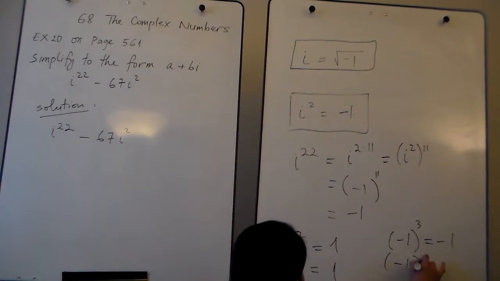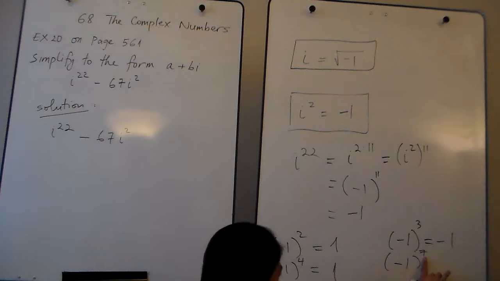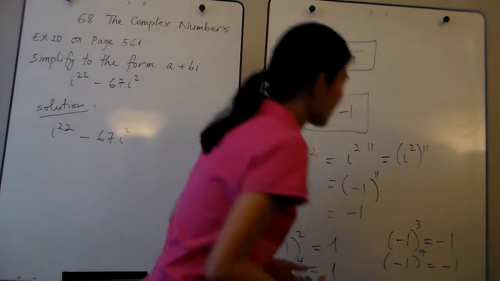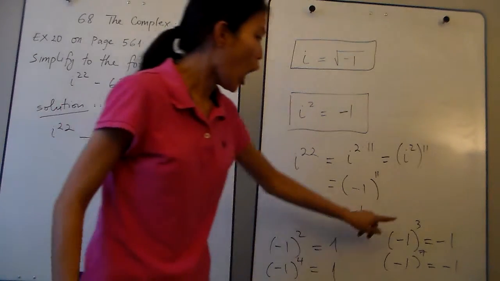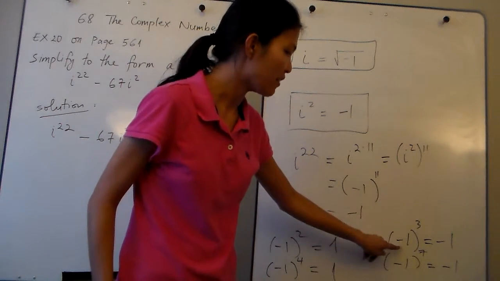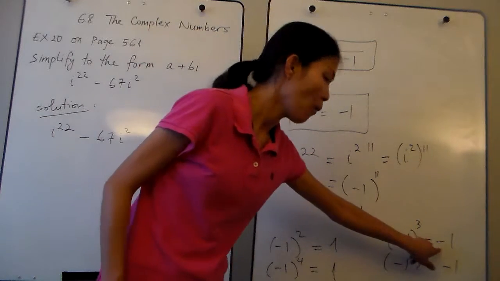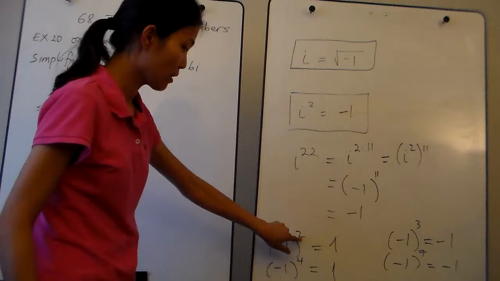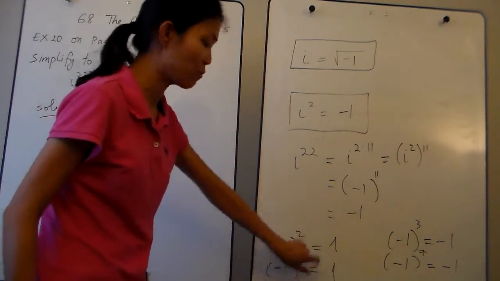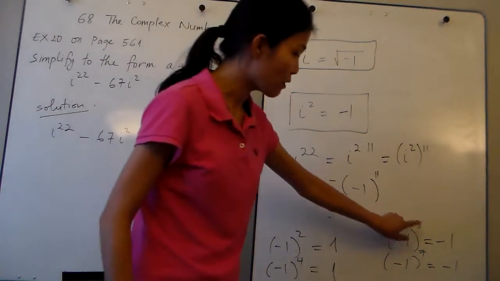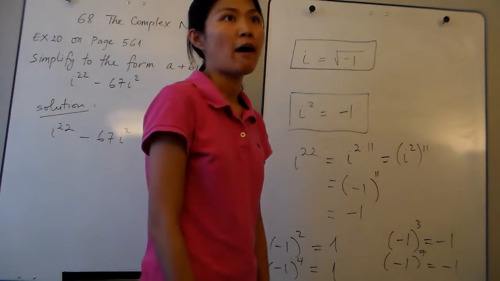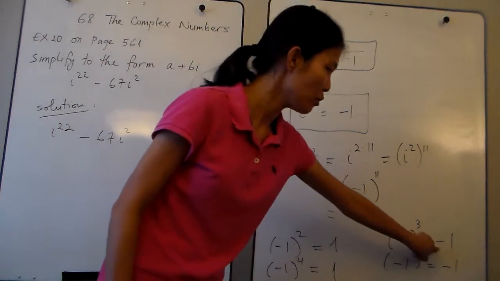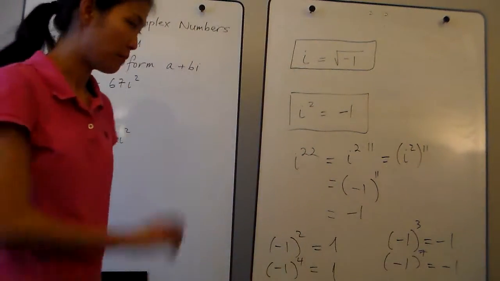Or the 7th power, the result is always negative. For odd exponents like 3, 7, 51, the negative sign still appears in the answer.